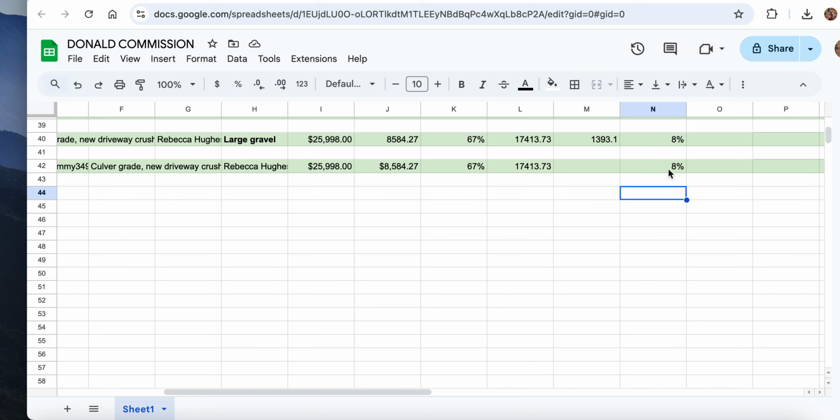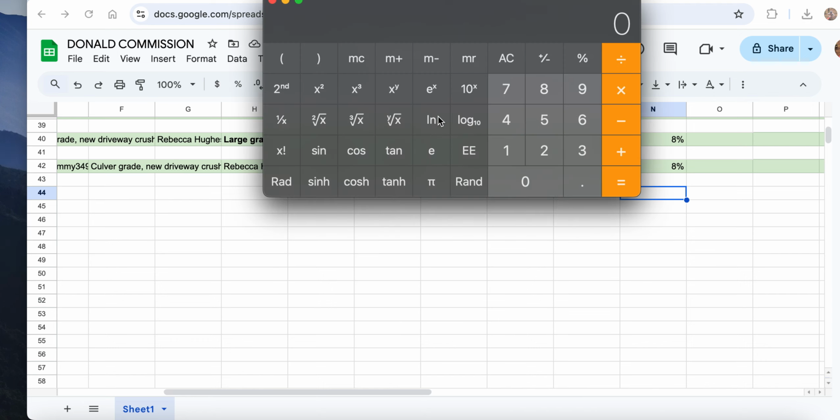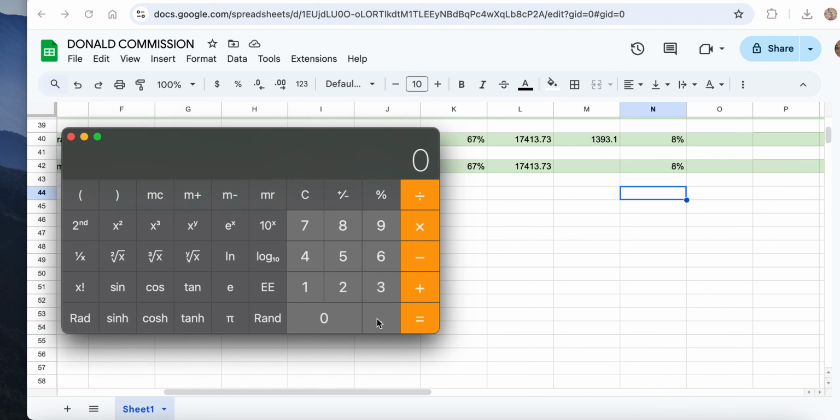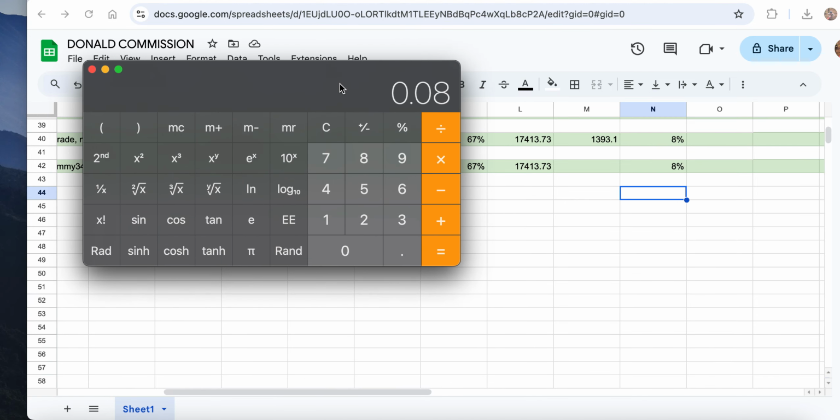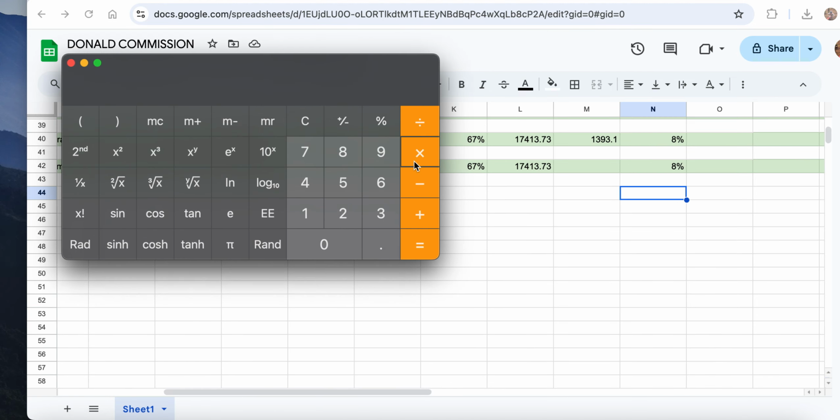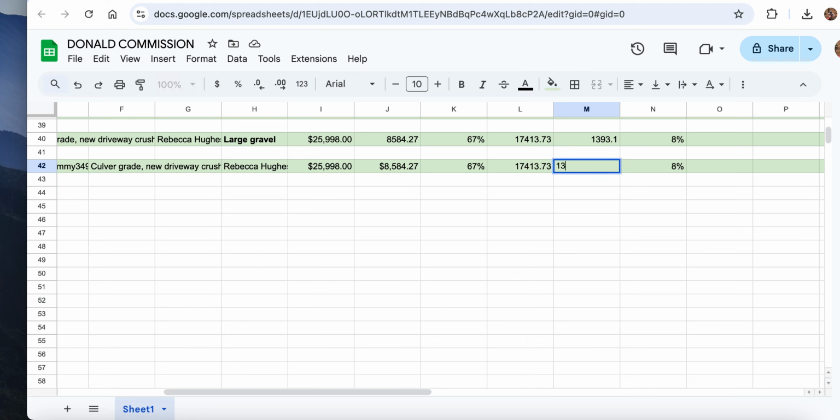So if you take 8%, which is 0.08, you're going to multiply that by the profit before overhead, 17,413.73, and that gives us a commission for him of $1,393.10, and that's how we're going to figure that out.